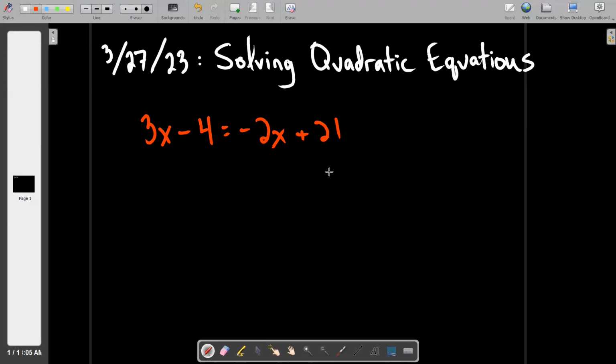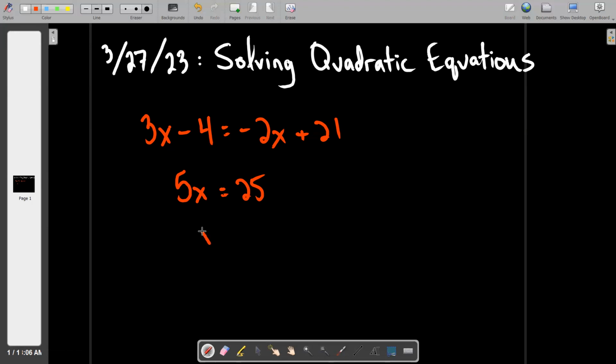Now, if I've done my job and Mr. Manlove did his job and Mrs. Eklund did her job and everyone in line to this point has done their jobs, including you, then you know how to do this. You know that you can bring the x's together on the left side, presumably, like I would add 2x to get 5x over here. And then I would add the 4 across to get 25 over here, right? You can do this, hopefully almost in your sleep by now.